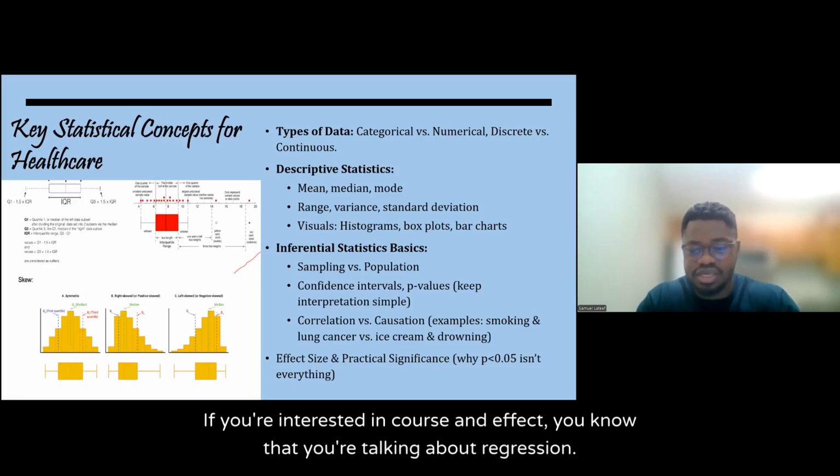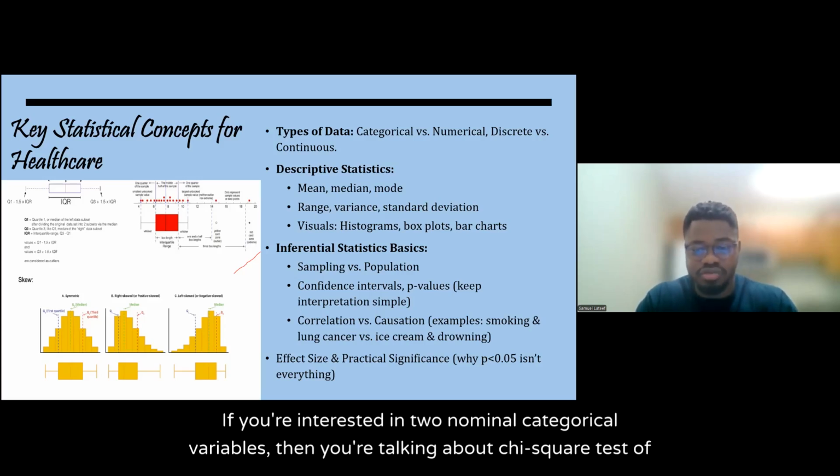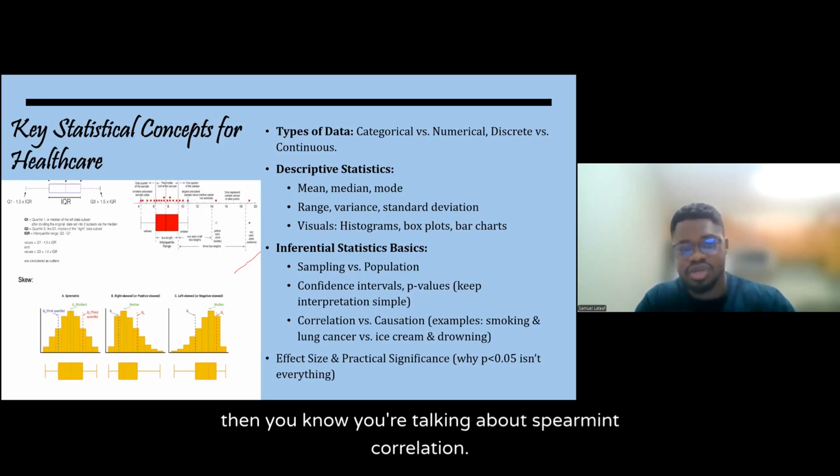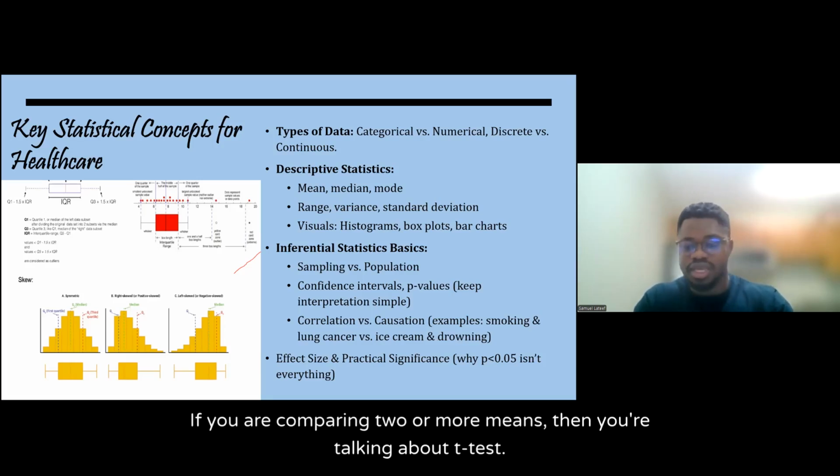If you're interested in cause and effect, you know that you're talking about regression. If you're interested in two nominal categorical variables, then you're talking about the chi-square test of independence. If you're interested in two ordinal categorical variables, then you're talking about Spearman correlation. If you're comparing two means, then you're talking about a t-test.